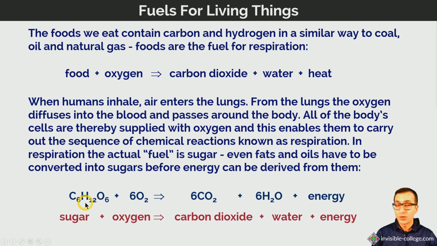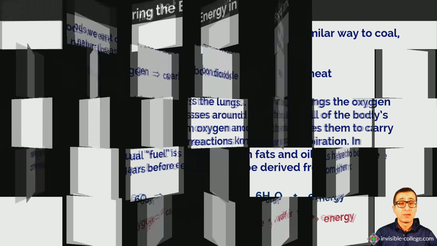But at GCSE level, you don't need to know the specifics of the individual reactions involved, but you do need to know that this doesn't happen in one chemical step. This equation is a summary of a number of different chemical reactions that gets you from these reactants ultimately to these products.